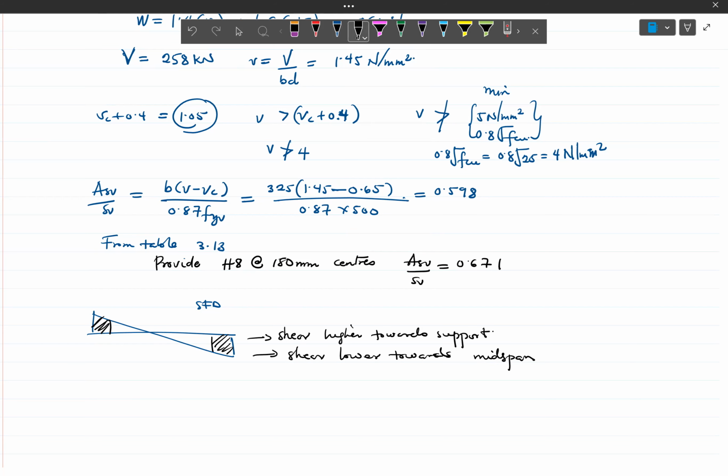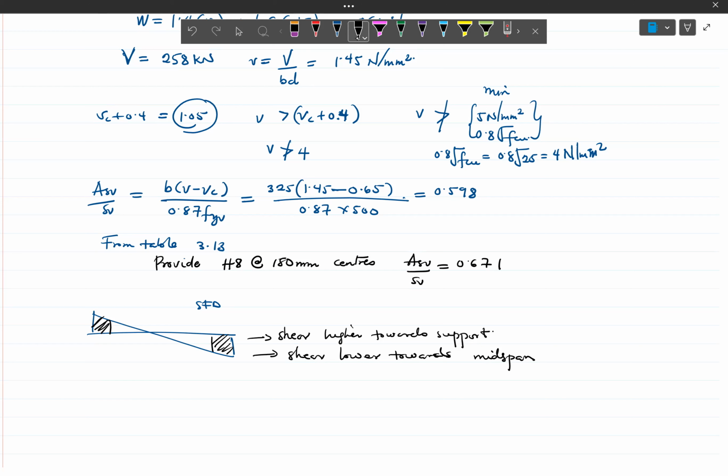So you don't need to have the same shear links throughout the length of the beam. You just need shear links where the shear can be high. So that's the idea.